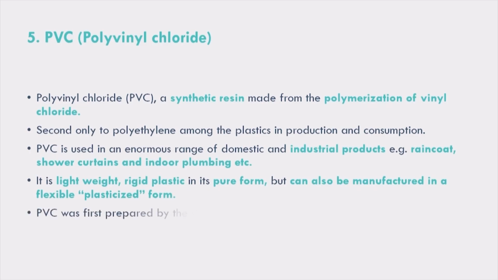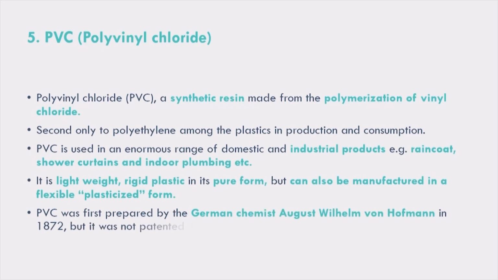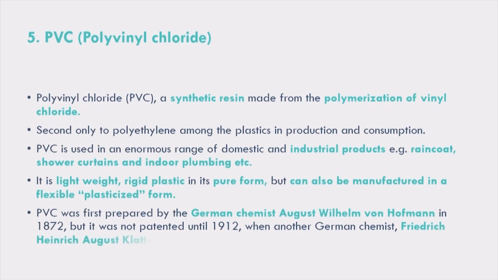PVC was first prepared by the German chemist August Wilhelm von Hofmann in 1872, but it was not patented until 1912, when another German scientist, Friedrich Heinrich August Klatt, used sunlight to initiate the polymerization of vinyl chloride.